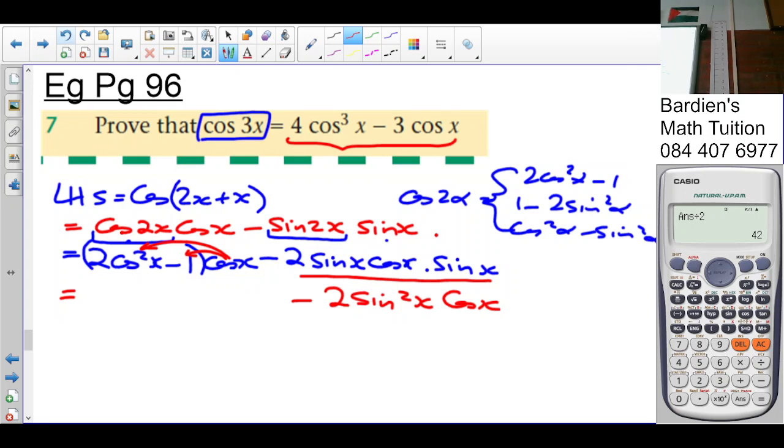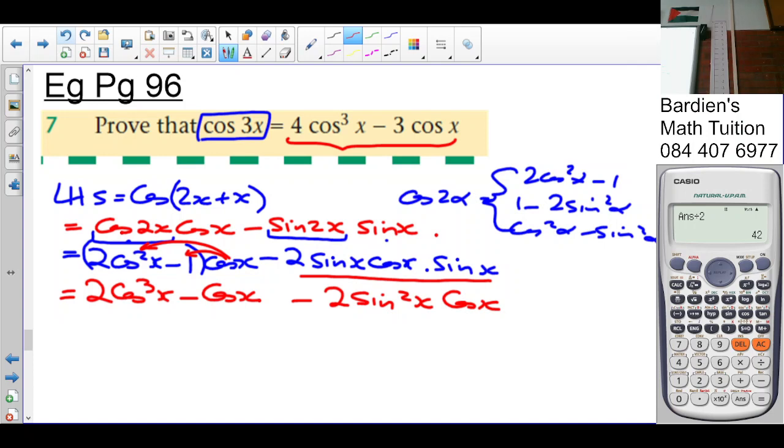So what do we get if we multiply this in? Okay, everybody must look here now. Multiply, what do we get? 2 cos cube x minus cos x. Is that what we have there? No. So what is still the issue here?